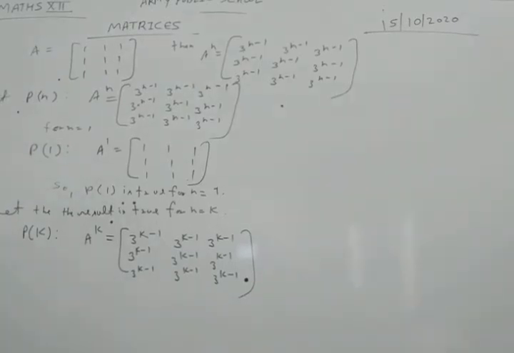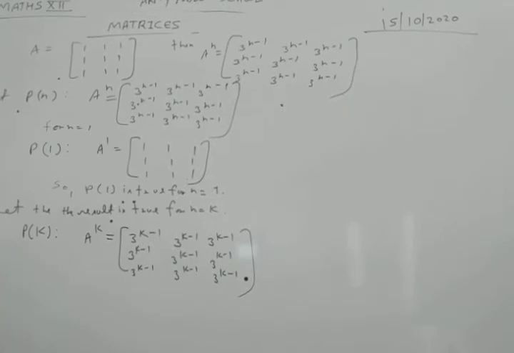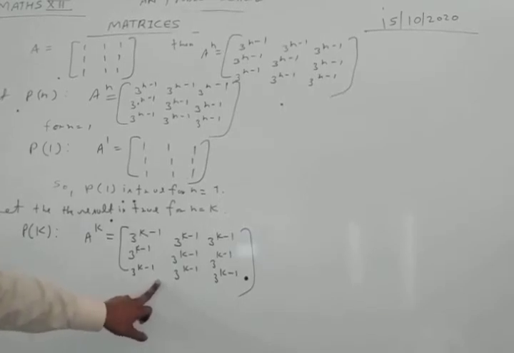Now what we have left, the result is true for n is equal to k. So we can write Pk: A to the power k is equal to this. Now we prove that the result is true for n is equal to k plus 1.